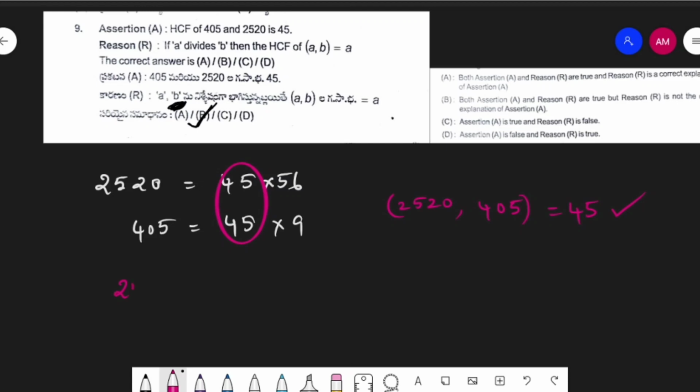If we had 2520 and 45, the HCF would be 45. But what they have given is 405. Of course, this statement is true, but it is not the correct reason for finding the HCF of 405 and 2520. That means both are true, but the reason is not the correct explanation for the assertion. So what is the option? Option B.